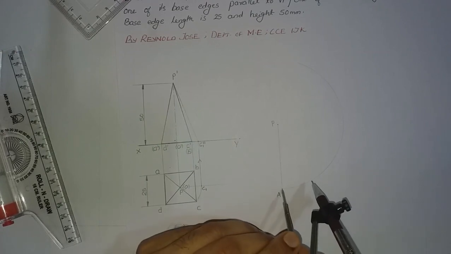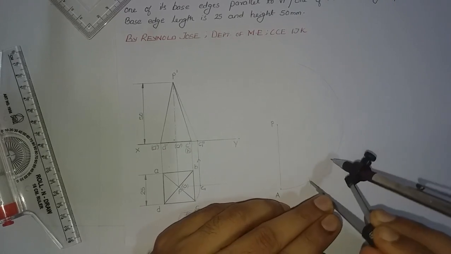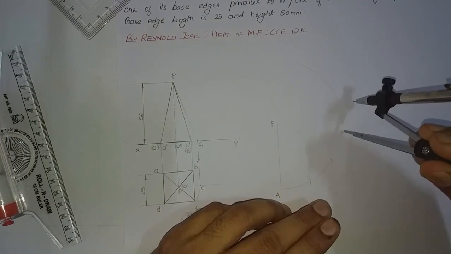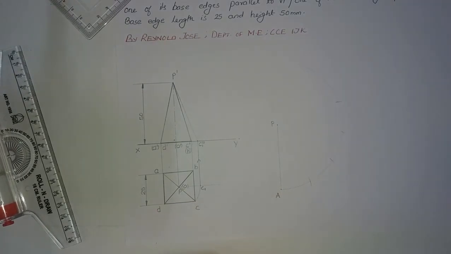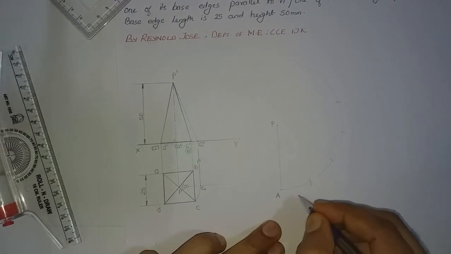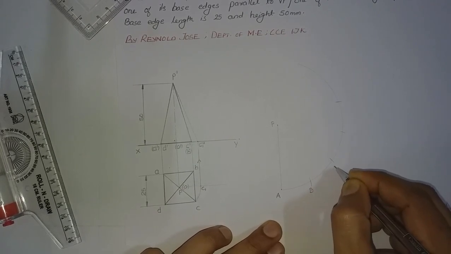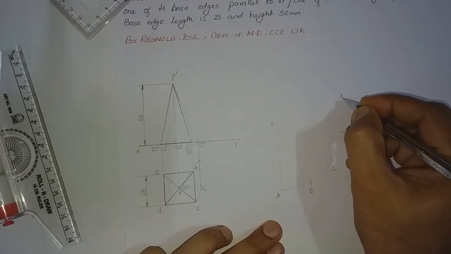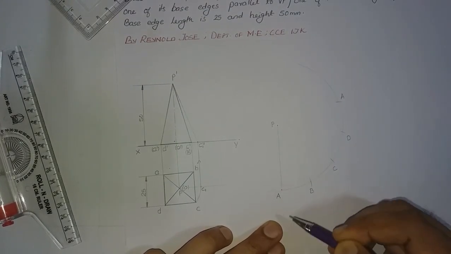So from point A, let us cut 4 arcs. First one, second one, third one, and fourth one. Now let us name it as B, C, D, and A. I shall explain why this point is A and this point is also A later on.